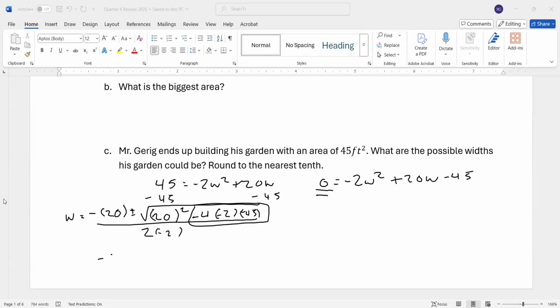So I got negative 20 plus or minus the square root of 20 squared is 400. There's 3 negatives in there, so it's going to be minus 4 times 2 times 45. So that's, I believe, 360. 4 times 2 times 45 is 360. Divided by negative 4.